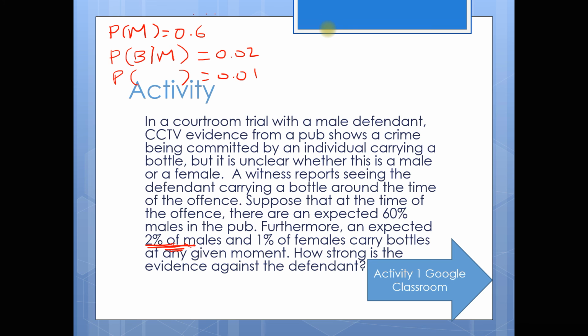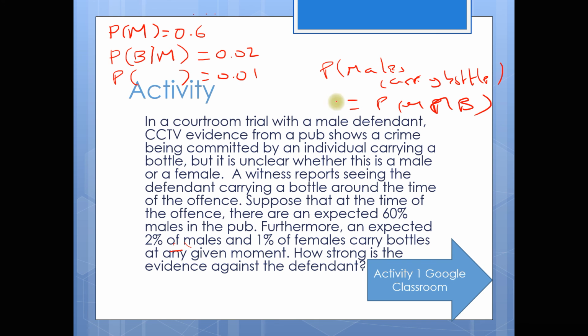You have to force yourself to think in terms of set notations, like B union M, B intersection M, etc. Because if you start writing down the probability that a person is carrying a bottle and male carrying a bottle, you might get it wrong because you might think that you are talking about the probability of M and B, but this is not the case.